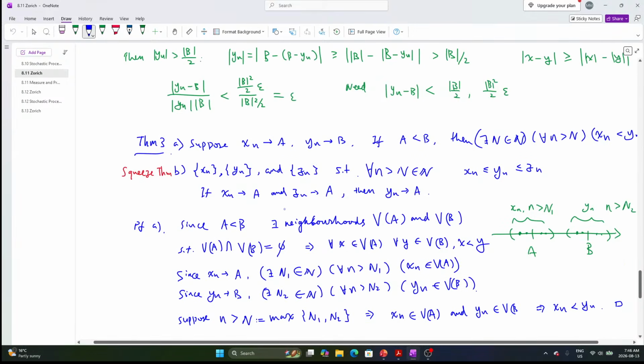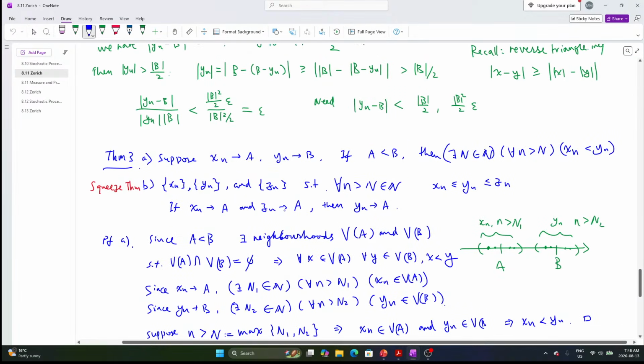Suppose x_n converges to a and y_n converges to b.